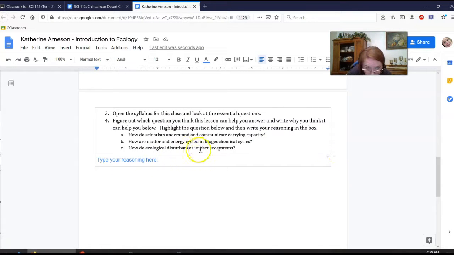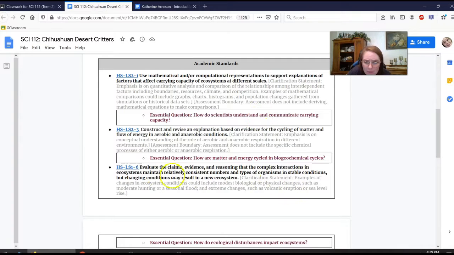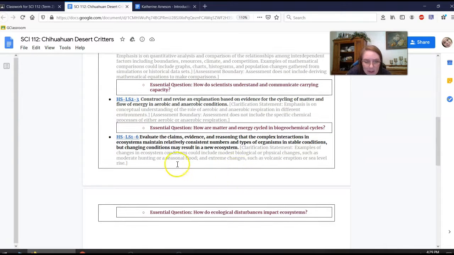Okay, last. How do ecological disturbances impact ecosystems? This lesson used the word ecosystems a lot. So let me see if I think that one's right. Examples. Okay, so claim, evidence, and reasoning that complex interactions in ecosystems have relative numbers of organisms. Organism was another vocabulary word in this one.